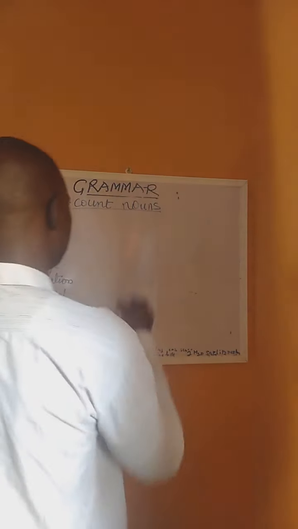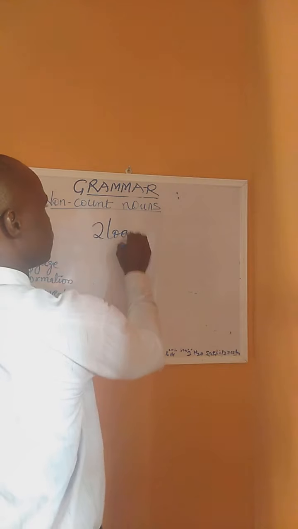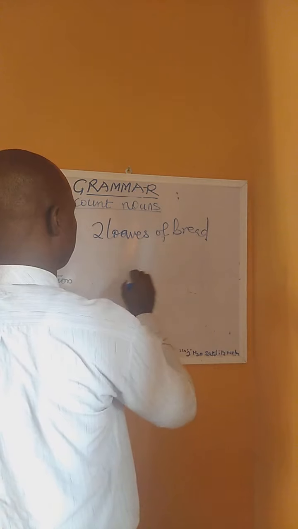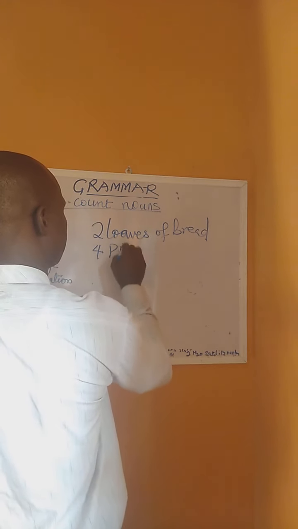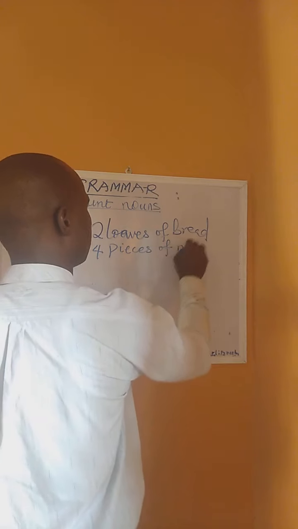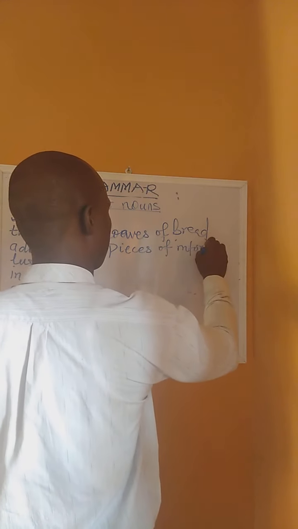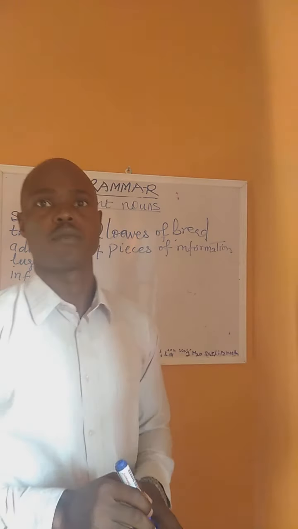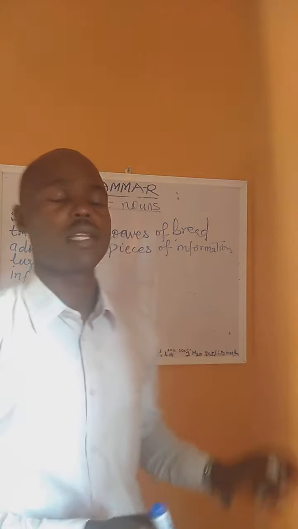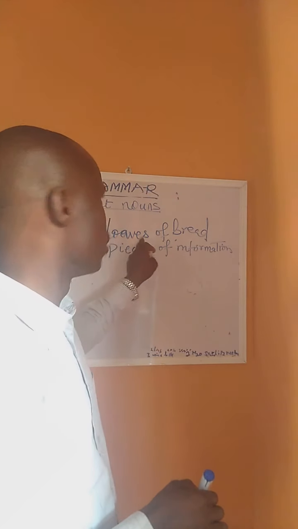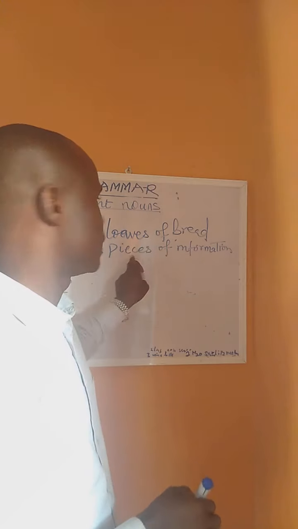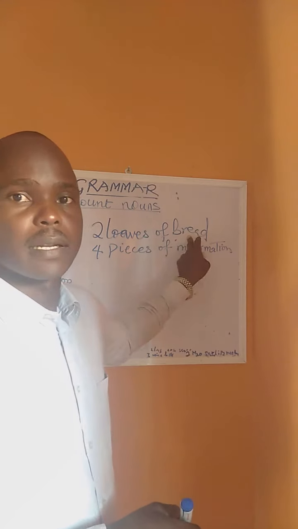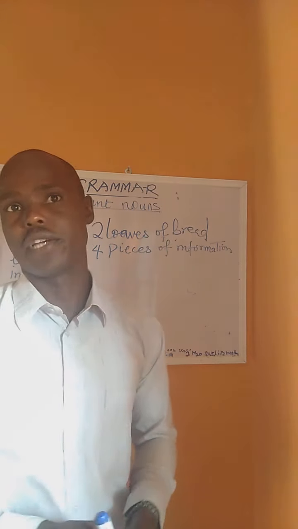Examples: two loaves of bread, four pieces of information. You see in these examples, we have loaves pluralized and pieces pluralized, but we have not touched the bread, neither have we touched the information.